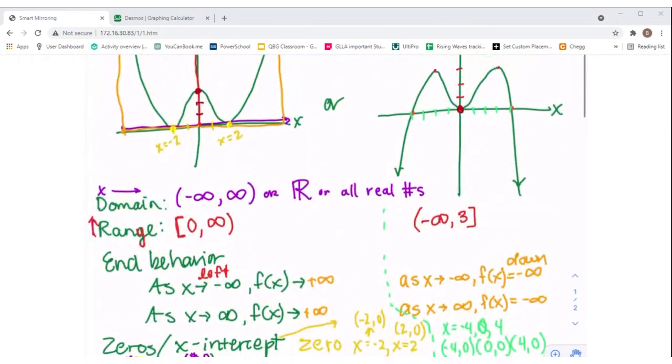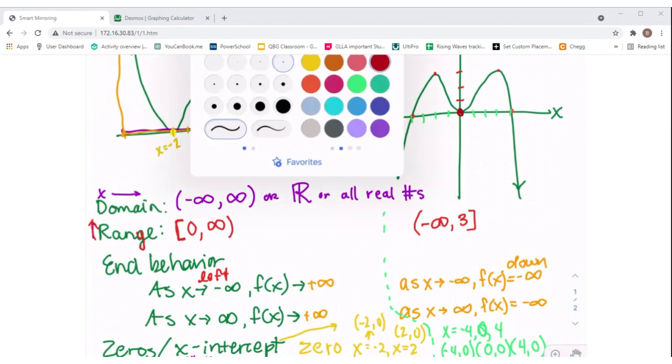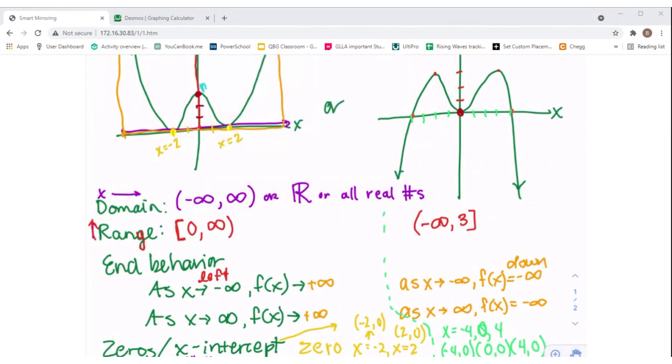So this first one, we have a local max right there, and then we have a minimum right there and right there. And then this would be a min, and these would be local maxes.